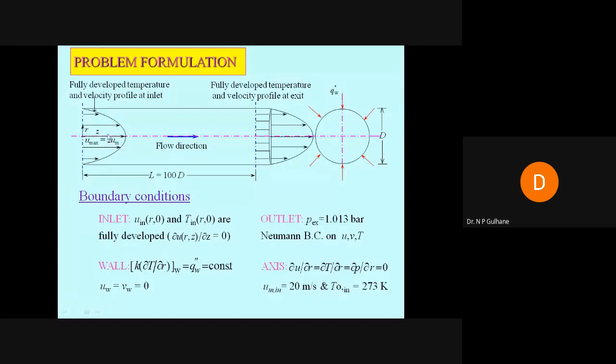The property variation will be encountered, and the heat will flow in the downstream direction, and that hot fluid is taken out, so that the entire PCB remains at constant temperature, and the life of the complete structure is enhanced and not deteriorated. This is the objective behind designing the tube.